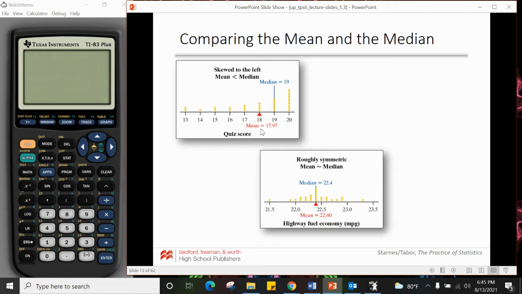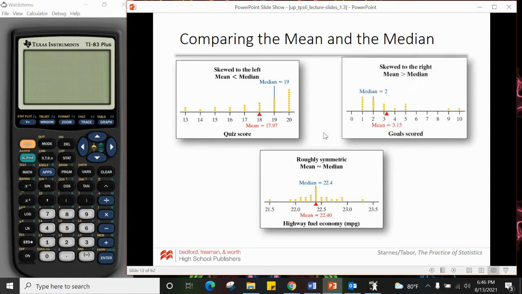Large values, either big or small, values that are far away from most of the data, the mean is going to get pulled towards it. So here we're skewed left, so that mean gets pulled closer to those extreme values. If I'm skewed right, again, that mean gets pulled towards those extreme values.